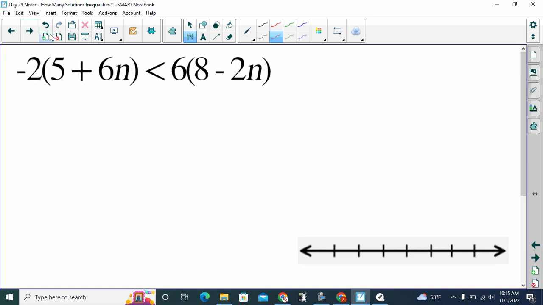Let's try another one where something similar happens. We have negative 2 times the quantity 5 plus 6n is less than 6 times the quantity 8 minus 2n.